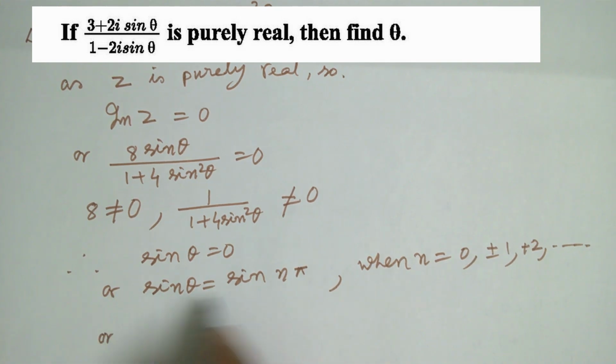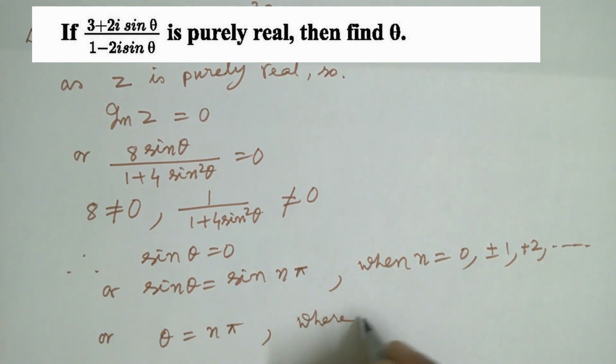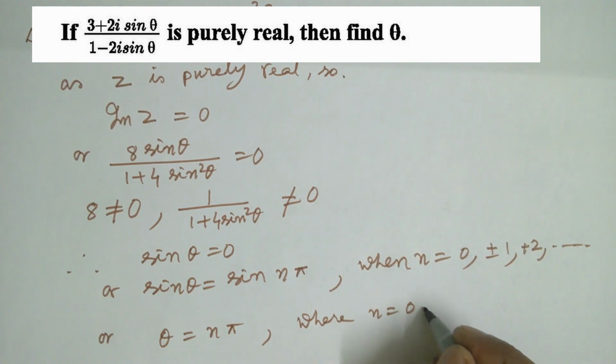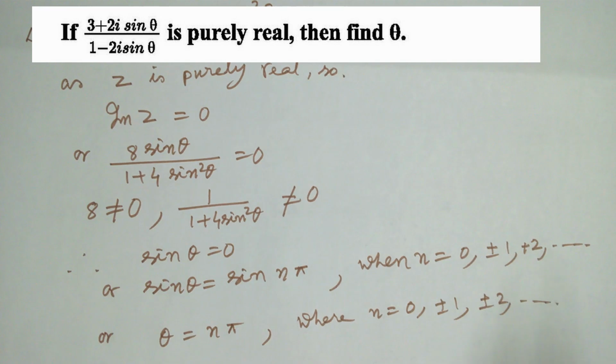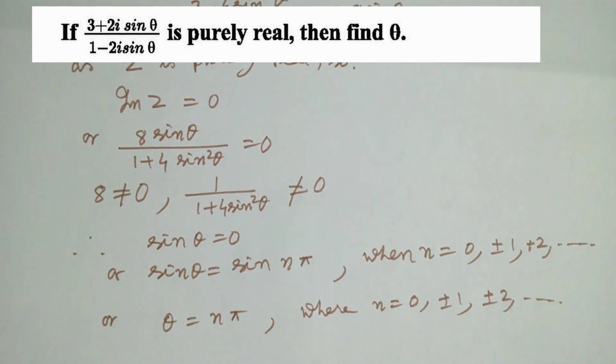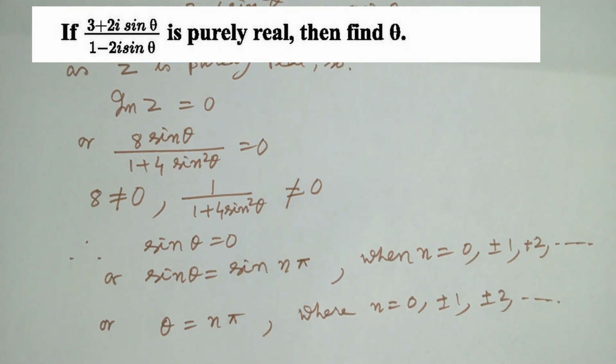So theta is equal to n pi, where n is equal to 0, plus minus 1, plus minus 2, and so on. Therefore, the required value of theta is n pi whenever the given expression is purely real.